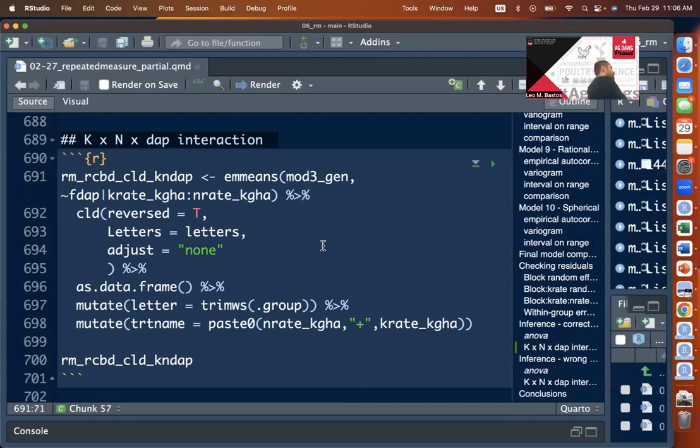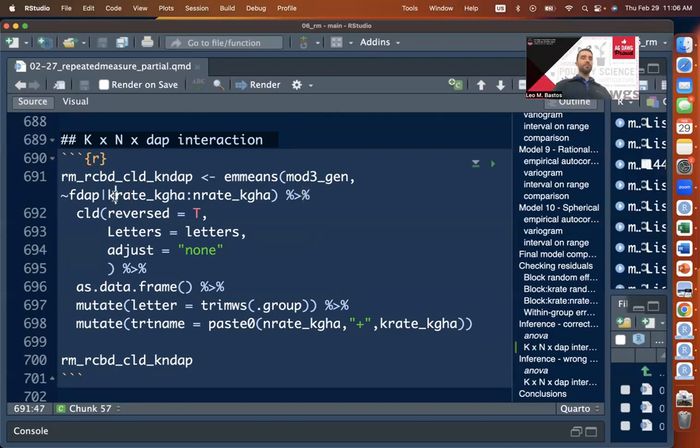I do want to make one parenthesis here, which is not specific to this analysis, but every time your error terms begin to become more complicated, in this case here, it's a somewhat complicated error structure because, if you think about it, we have nitrogen rate nested in potassium rate nested in blocks as a random effect. And then on top of that, we're also modeling the residual with a different correlation structure. So we have a good amount of complexity in our error specification of this model.